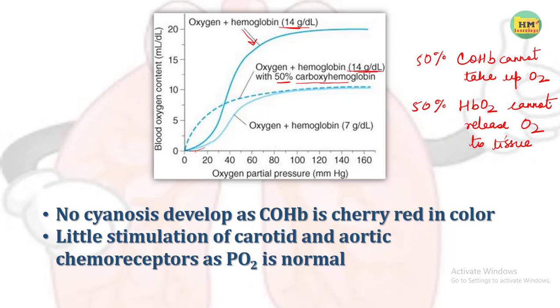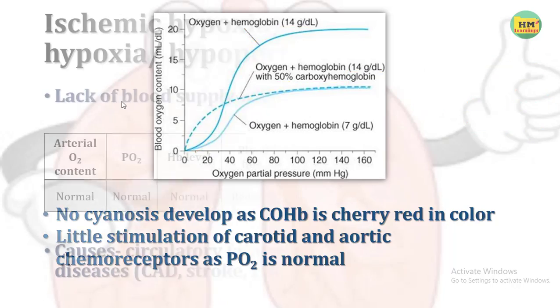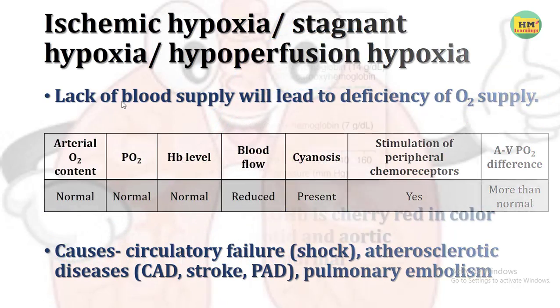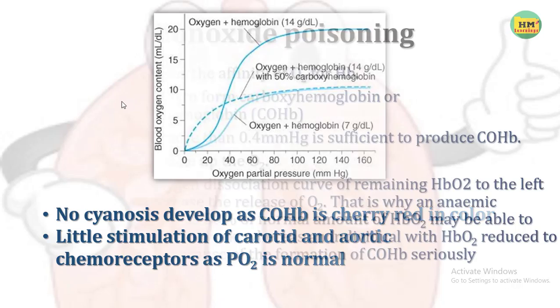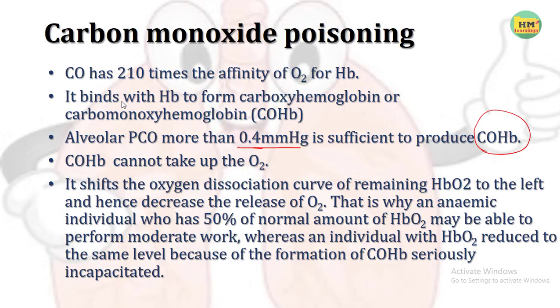So you can see what the carbon monoxide does. Now, we move to the previous slide. Yes. So it shifts the oxygen dissociation curve of the remaining HbO2 to the left and hence decreases the release of O2. That is why an anemic individual who has 50% of normal HbO2 can work moderately, but an individual who has 50% normal hemoglobin and 50% carboxyhemoglobin cannot do any work.